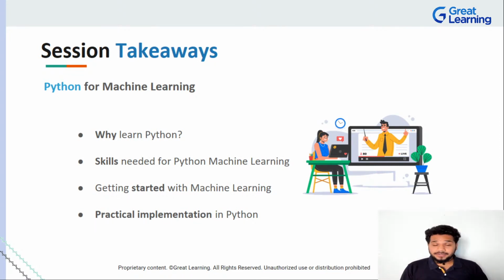Once you understand that, you will be very curious to know about the skills that are needed to go on to do just that. There are some skills which are very important for this domain. We are going to understand that. Once we understand the skills, you'll be like, okay, now I feel like I'm ready to understand a bit about machine learning. So can we have an introduction there? Of course, you guys can have an introduction. We're going to be discussing machine learning quickly. We're going to be taking a look at the types of learning and all of that.